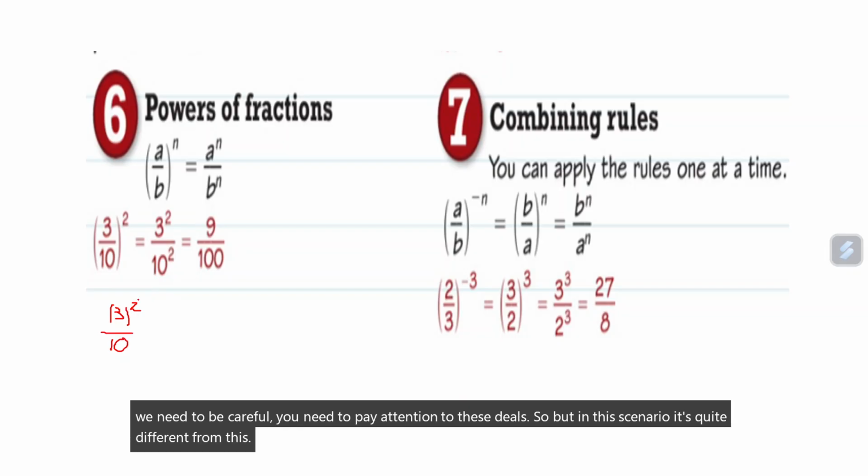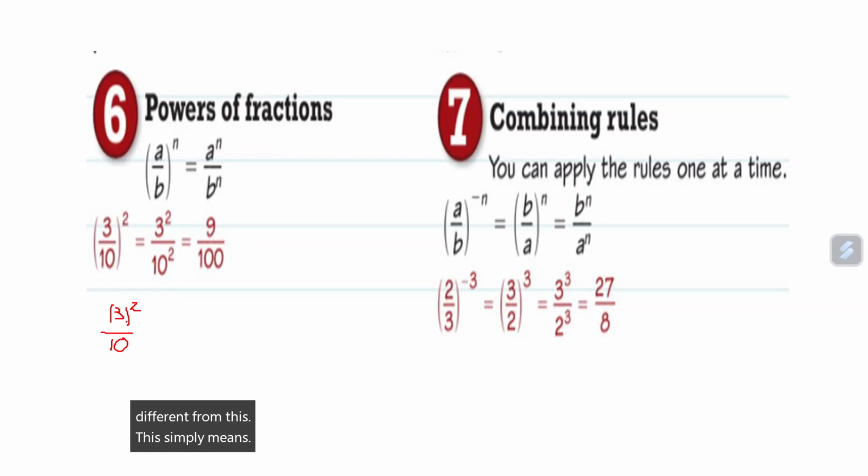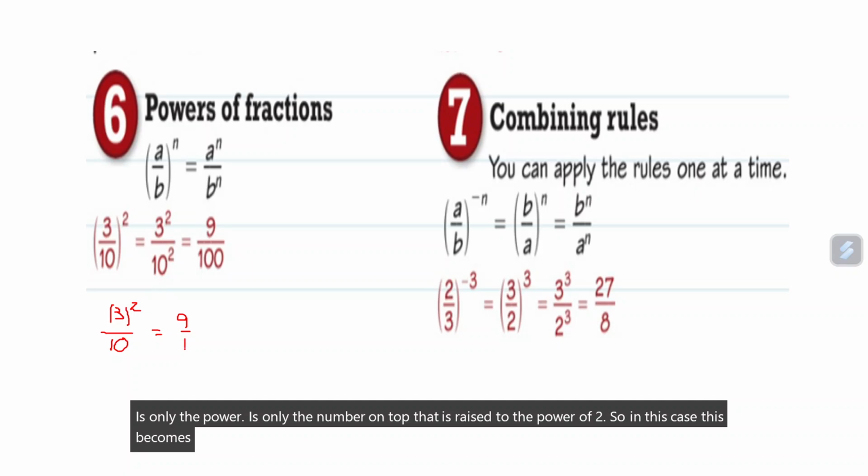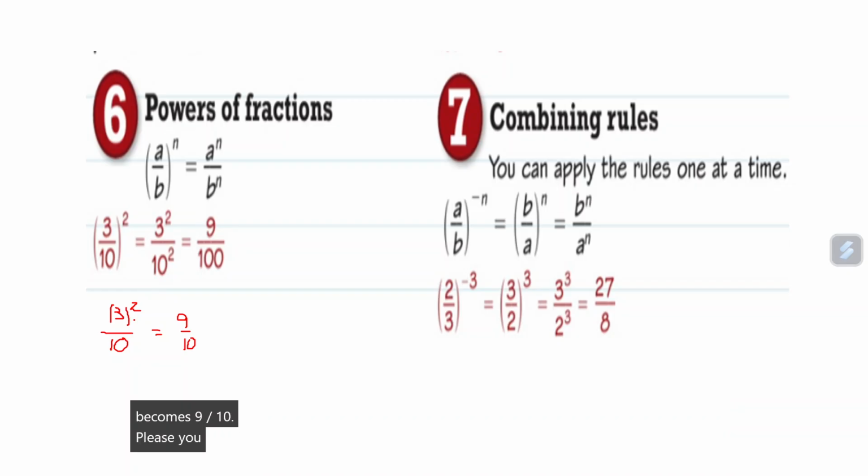This simply means it's only the number on top that's raised to the power of 2. So in this case, this becomes 9 over 10. Please, you can see the scenarios are not the same.